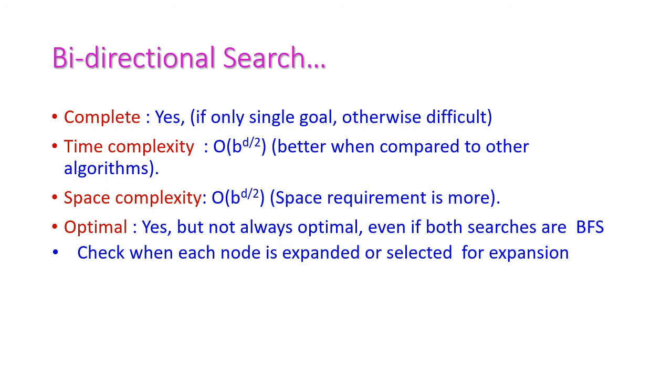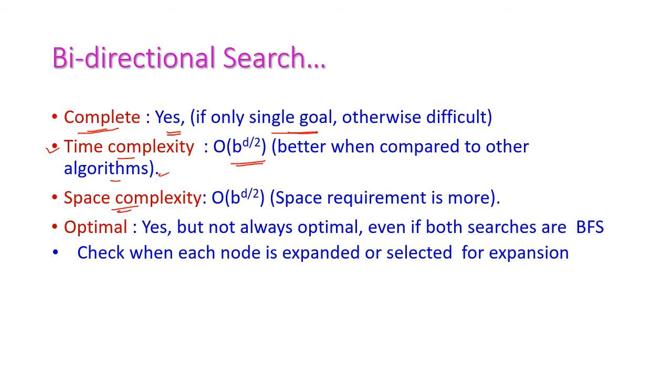Next, let us come to the performance analysis of this particular algorithm. First one is completeness. This algorithm is complete only if there is a single start state and a single goal state, otherwise it is difficult. Time complexity is order of b power d by 2, which is much better compared to the previous algorithms.